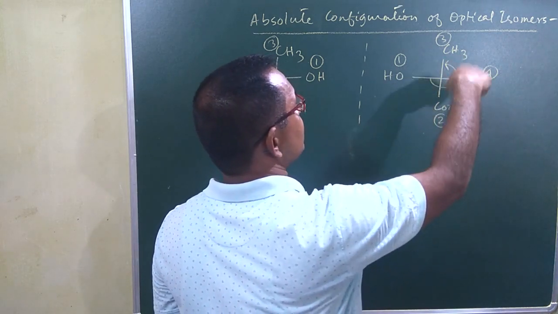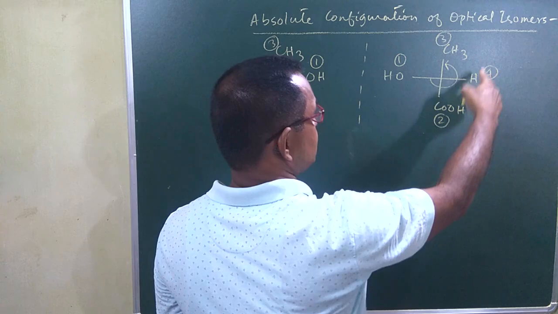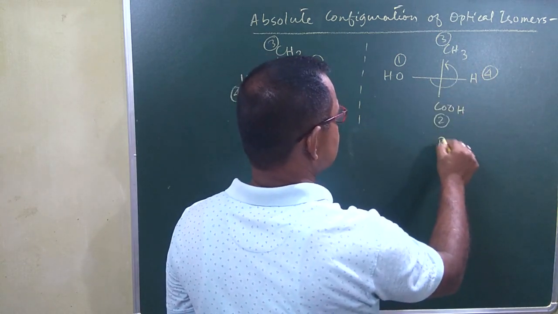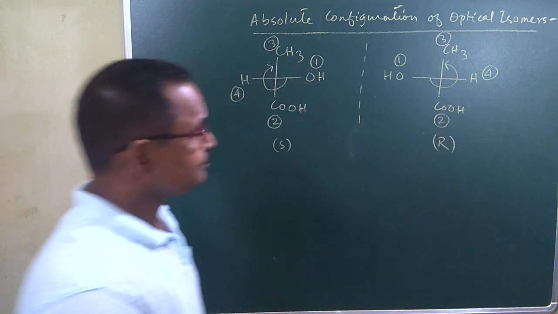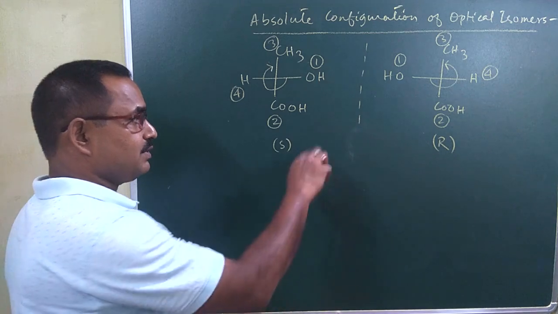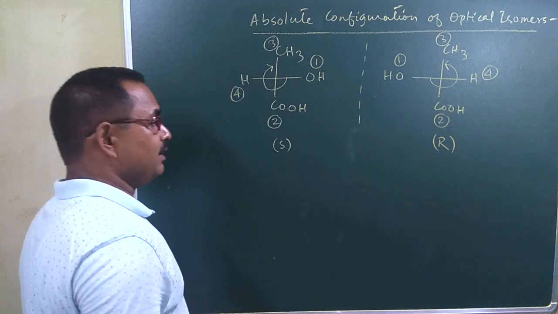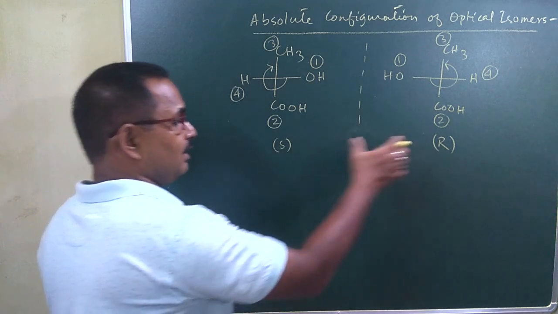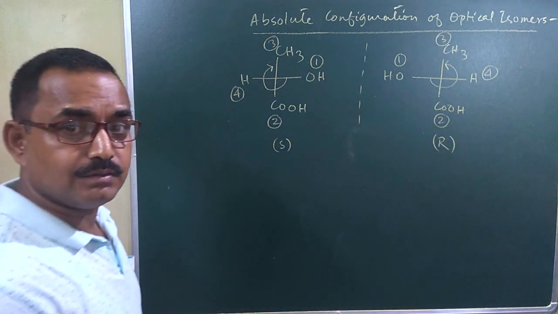Rotational sequence is anti-clockwise. Lowest priority group on horizontal line. So this is R. So for an enantiomeric pair, if one of the two enantiomers is R configuration, the other must be S. Okay.